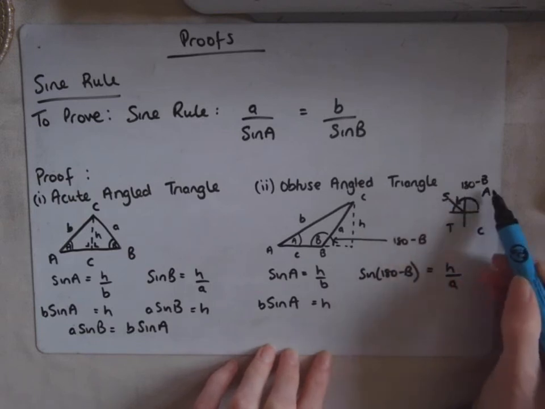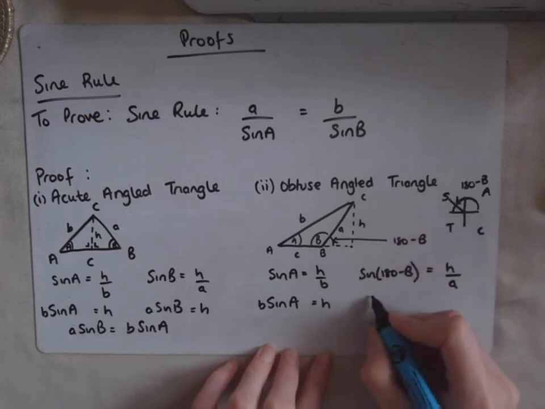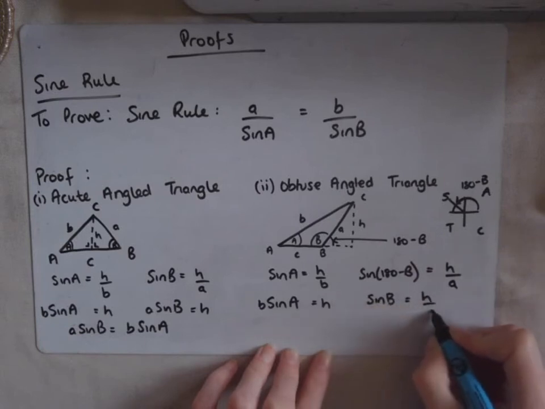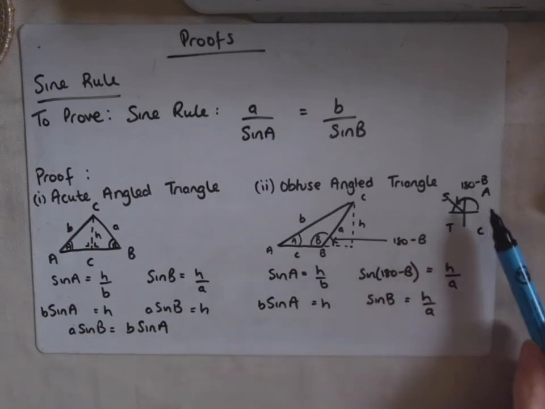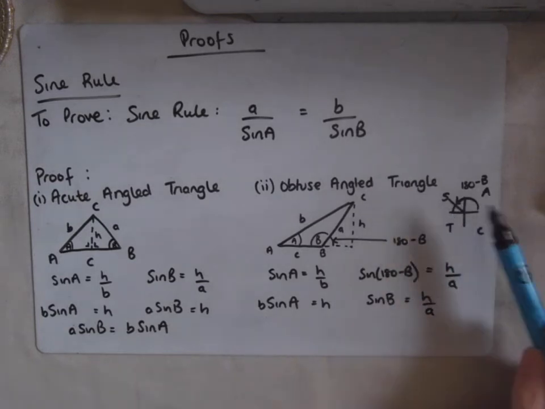So the answer to sine B or sine of 180 minus B is actually the exact same thing. All you're replacing here is sine of B equals h over a. Your answer is the same whether it's sine of B or sine of 180 minus B, only because sine is positive in both of those. So that's an important point.